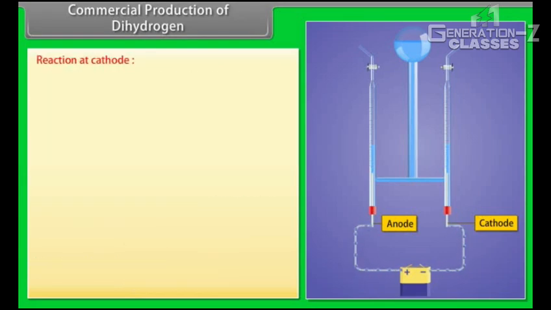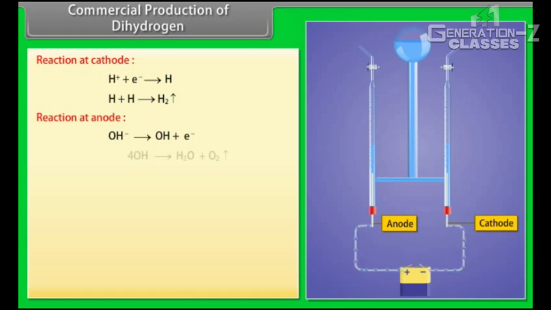Reaction at cathode: H+ plus electron gives H; H plus H gives H2. Reaction at anode: OH- gives OH plus electron; 4OH gives 2H2O plus O2. Overall reaction: 2H2O gives 2H2 plus O2.